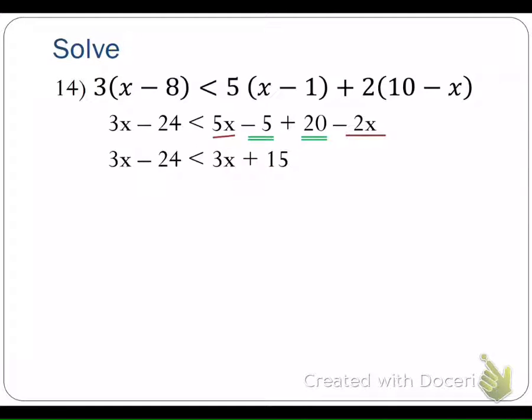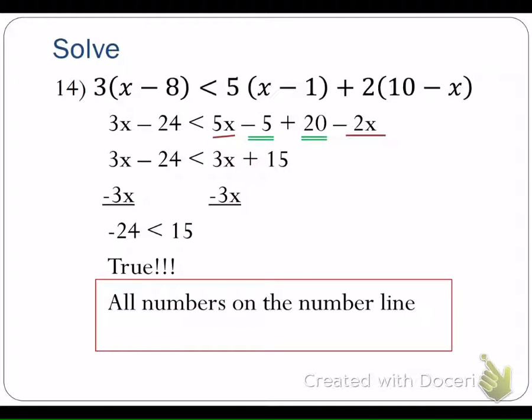What happens when you go to get your x's together? It's going to be 0. You are getting no x's. So now you're asking yourself, is this true or not true? That's true. Negative 24 is less than 15. So this is all numbers on the number line.